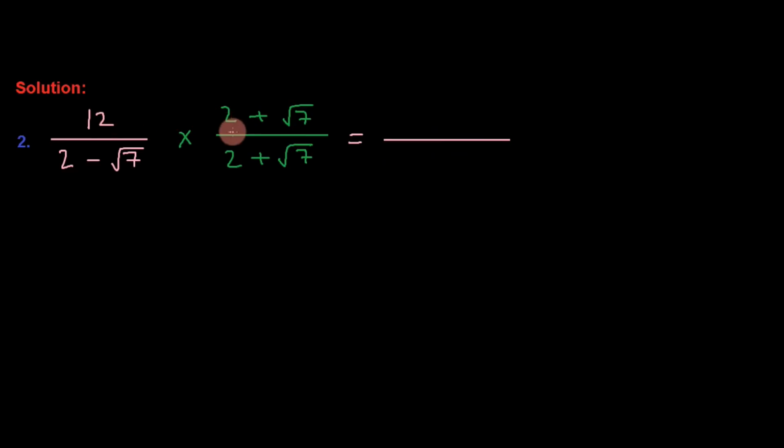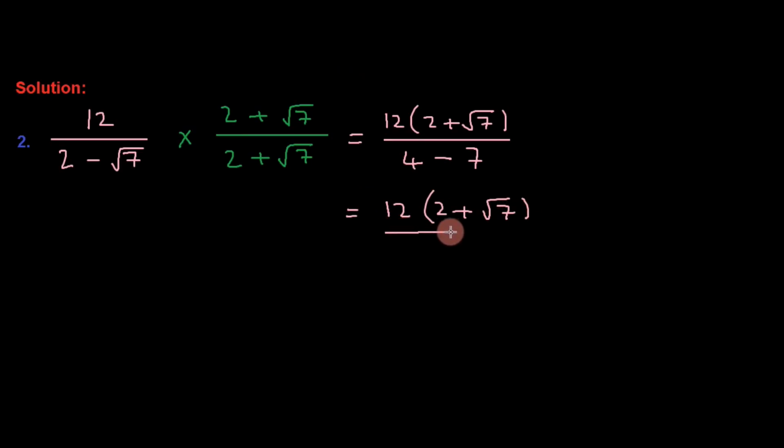Then 12 times 2 plus root 7 is 12 into 2 plus root 7. In the denominator, we have the difference of squares. So we square the first term minus the square of the second term. So it's 12 into 2 plus root 7, and this is over 4 minus 7, which is negative 3.